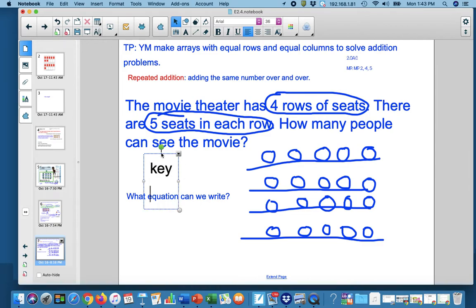The circle equals 1 seat. That will help someone who's looking at my picture.